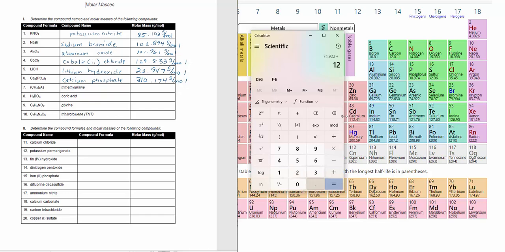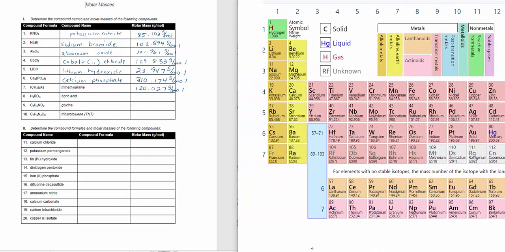Carbon has a mass of 12.011. So I'm going to multiply that by 3. And add that to, let's see, I have 9 hydrogen atoms, 1.008 times 9. So I have a molar mass of 120.027 for that compound.